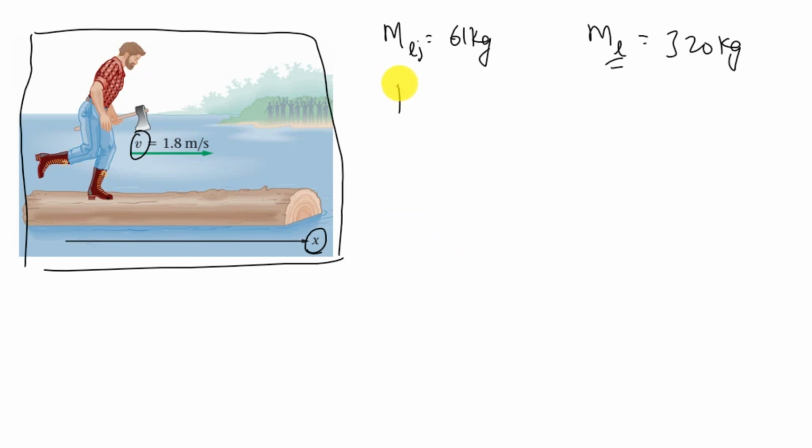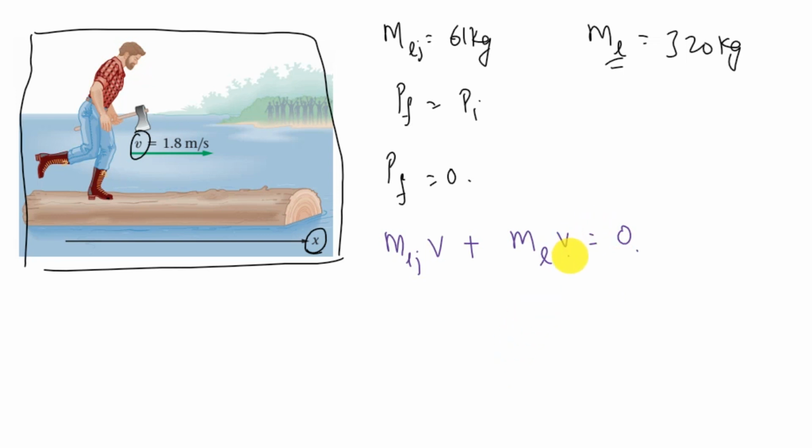So the final momentum should be equal to the initial momentum, and initially the momentum was 0, so the final momentum should also be equal to 0, correct? Now the final momentum means the momentum of the log plus the momentum of the lumberjack. So m_lj times v plus the mass of the log, m_l, times v, should be equal to 0.